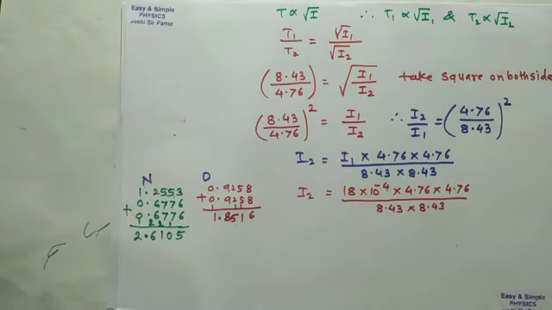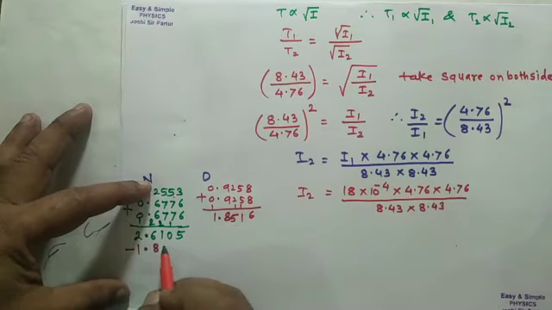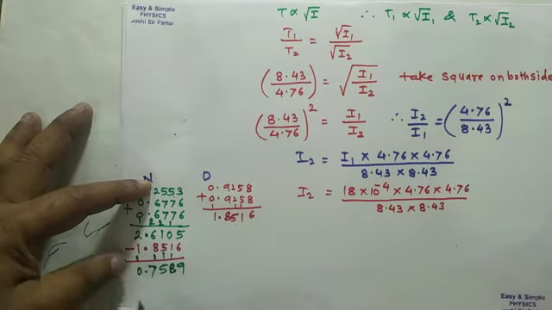If we subtract 1.8516 from 2.6105: from 15, 6 is subtracted, 9 is remaining. From 8, 2 is subtracted, 8 is remaining. From 11, 6 is subtracted, 5 is remaining. From 16, 9 is subtracted, 7 is remaining. Here 1 and 1, 2, minus 2 and plus 2, this will be 0.